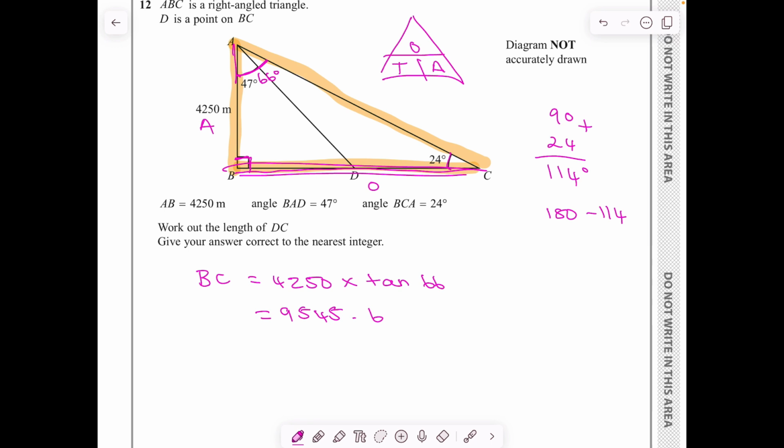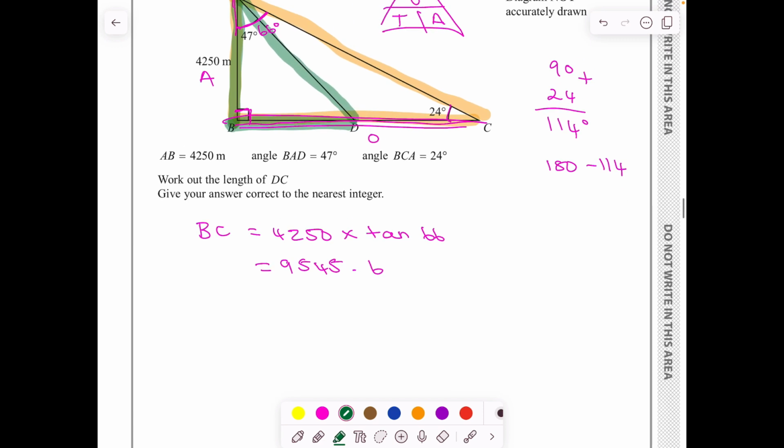Then the other thing that I can work out is BD. So I can work out what it is just up until that point. And for that, I'm going to take this smaller triangle here. Okay? So then BD is essentially the same thing.